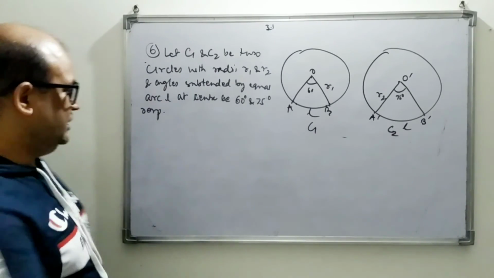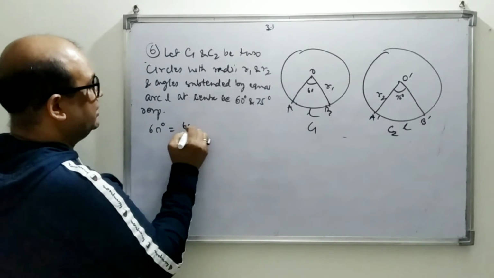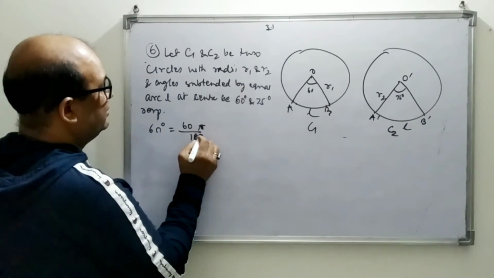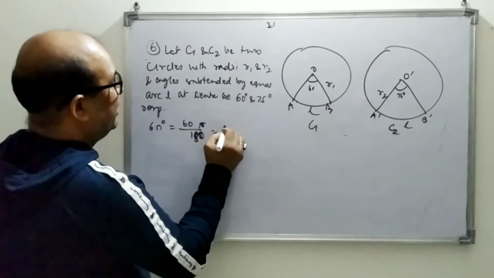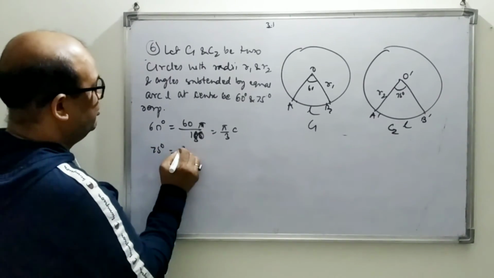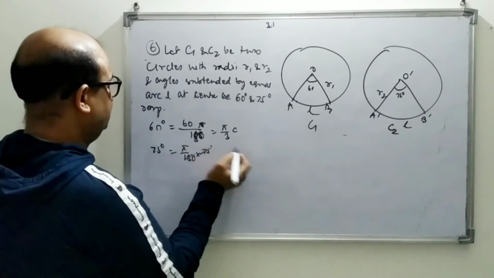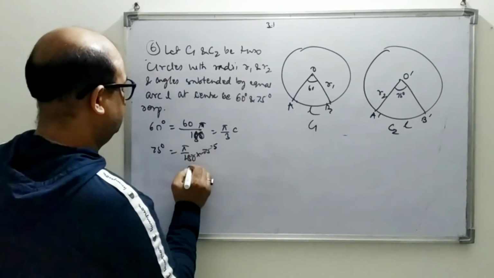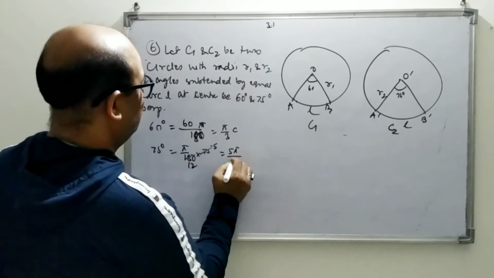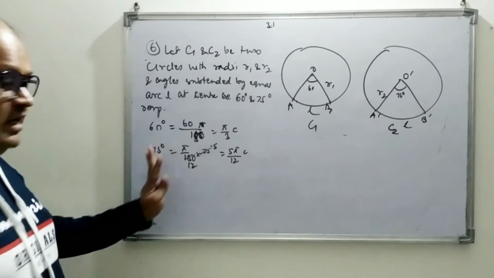Therefore, 60 degrees equals what? 60 into pi by 180. That gives you pi by 3 radian. And 75 degrees equals pi by 180 into 75, that is 5 pi by 12 radian. So these are the two radian measures.